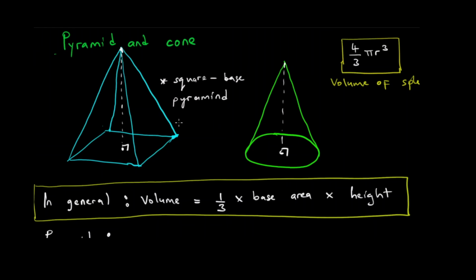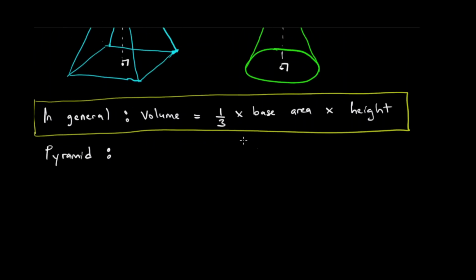They will communicate that with you. So if it is a square-based pyramid, remember that 1/3 times base area. So this will be 1/3 times base area, which is side squared. So s squared like this. The area of a square is the side times the side. So s squared times height. It will be 1/3 s squared h. That will be the volume.